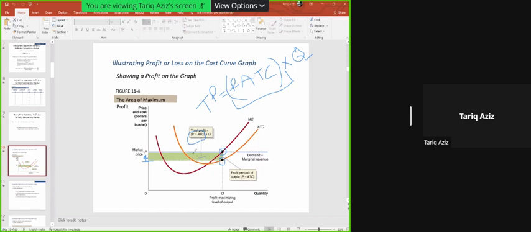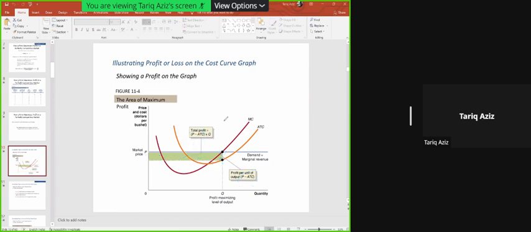This area is called the profit region, this rectangular area. So price minus average total cost is the per unit profit. If per unit profit is multiplied by that Q, that will give us the figure of total profit.